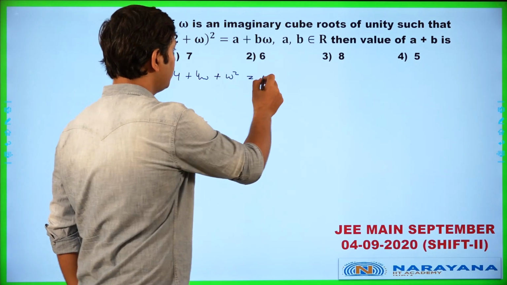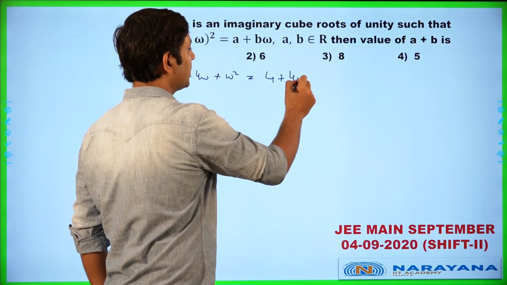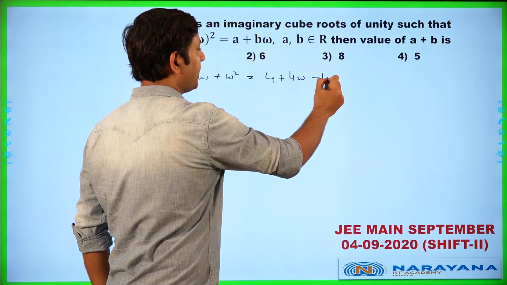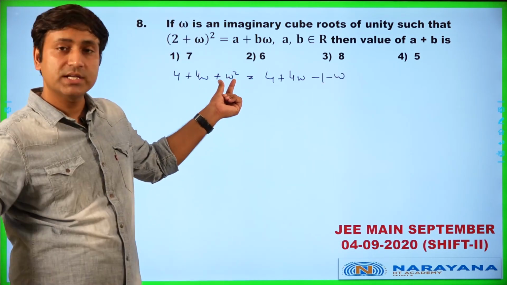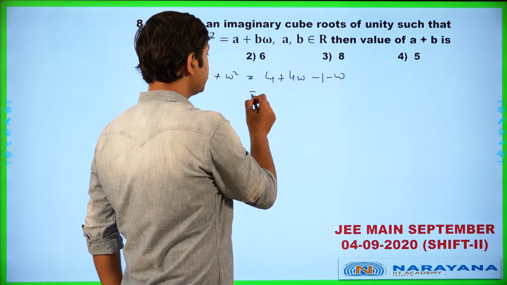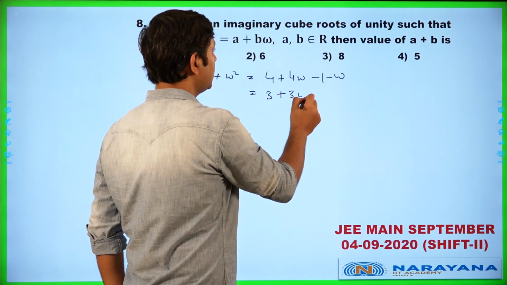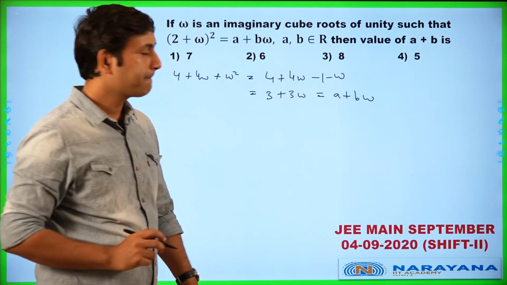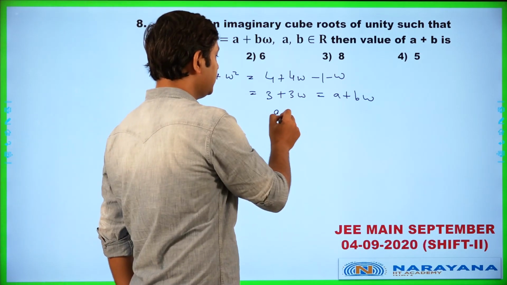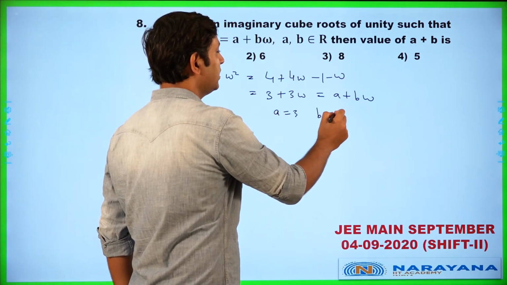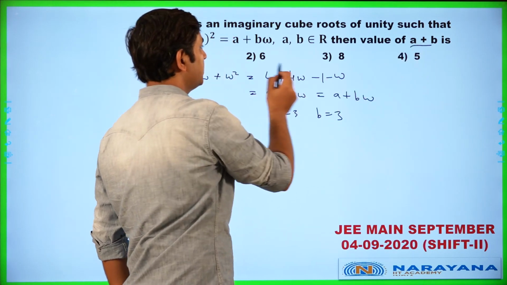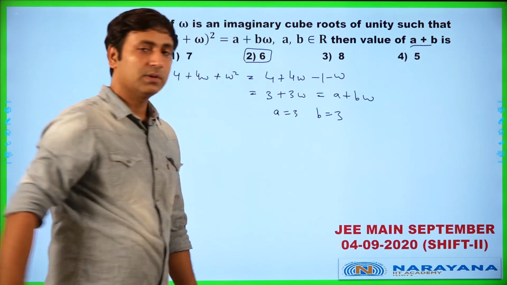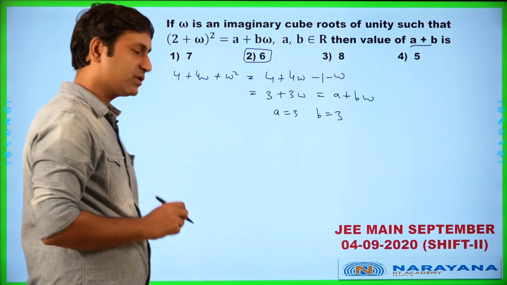That's equal to 4 plus 4 omega minus 1 minus omega, because omega square is minus 1 minus omega, which is simply 3 plus 3 omega. That's given as a plus b omega. We'll know a and b are 3, hence a plus b must be equal to 6. We'll mark that option. We'll move on to the next question.